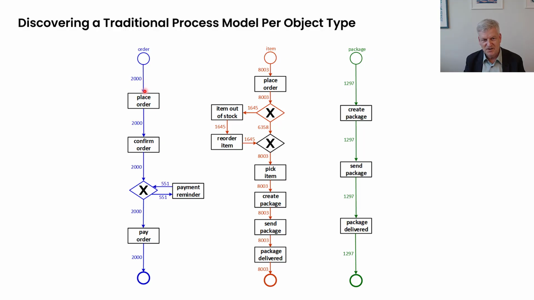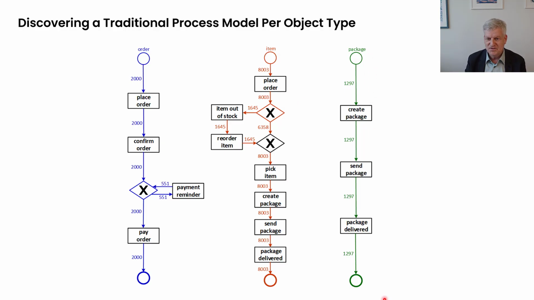There were 2,000 orders, so 2,000 times an order was placed. But because an order may consist of multiple items, in this example on average approximately 4, we see here that place order happens 8,000 times, right? Because we are tracking items instead of orders. So you can see that the same place order event is replicated here for every item in it.